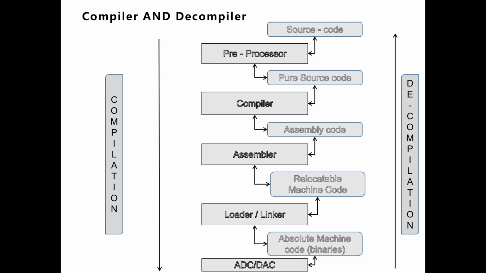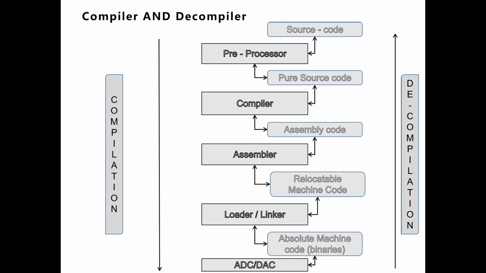A compiler converts, but before conversion it does something more. It checks your entire code, whether you have followed the syntax and used proper keywords from the grammar of that particular language.